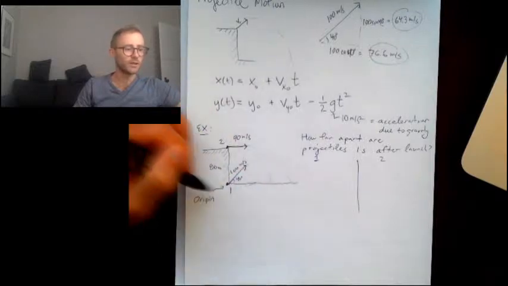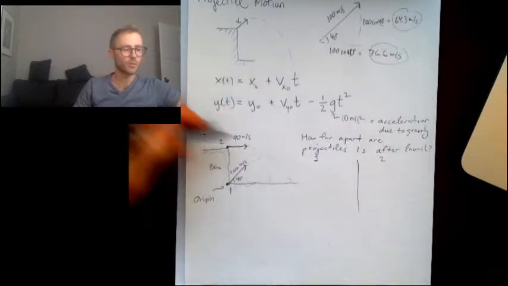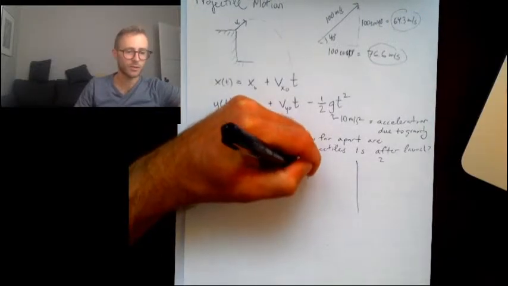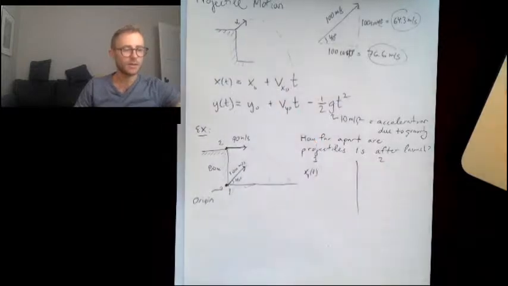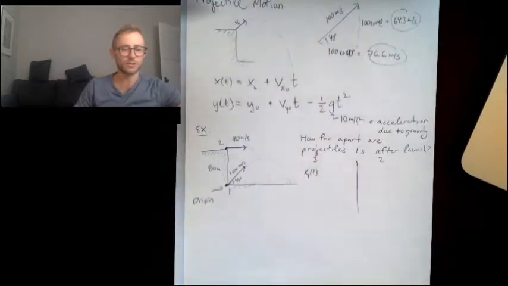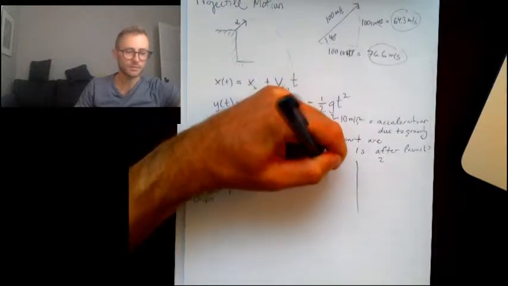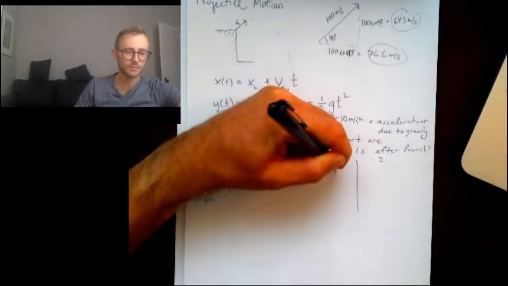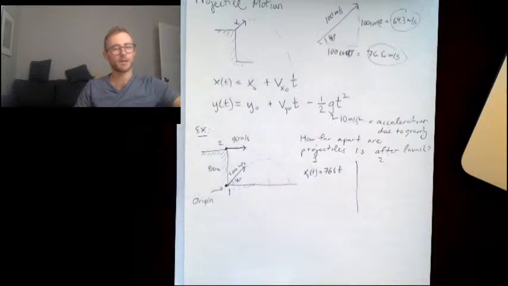So when I type that in here, for projectile 1, it has x1 of t equals 0 plus 76.6 t. Okay.